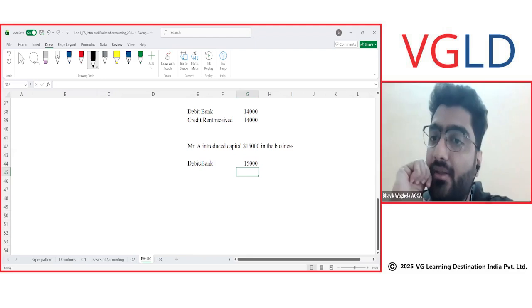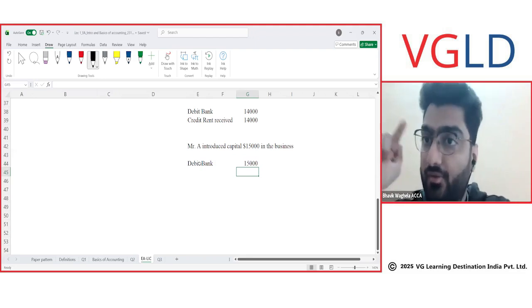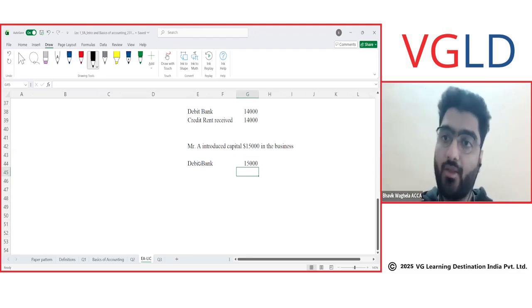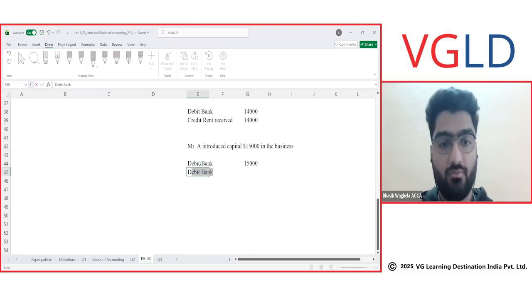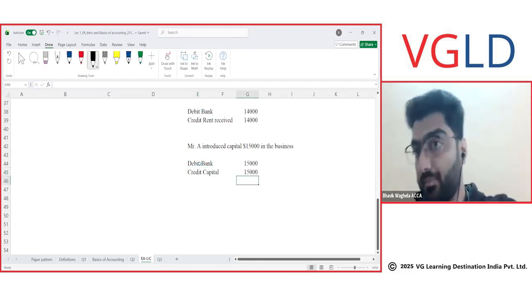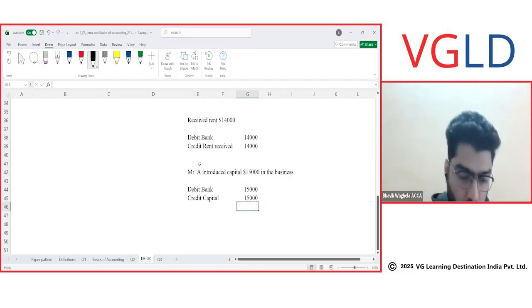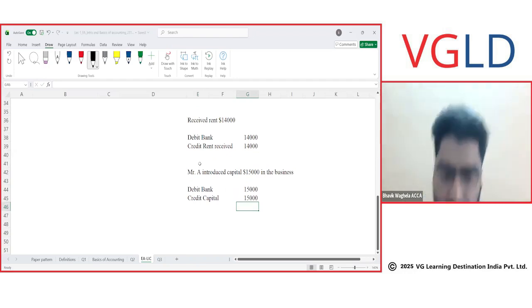Now this is not a liability. This is also not an asset. This is capital, introduced by the businessman. So credit capital. To record capital, we credit it.